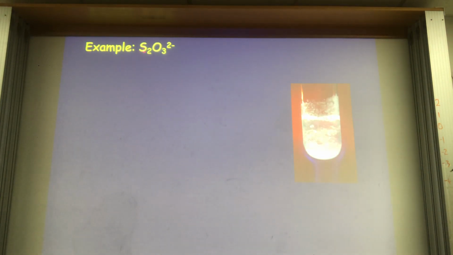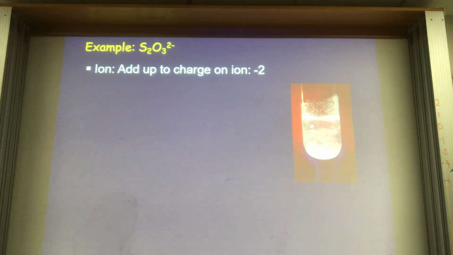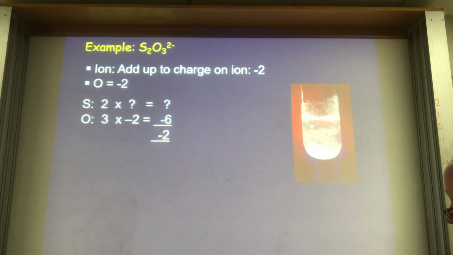Okay, this time, what have we got? We've got a compound with an overall charge on it. So we know that the oxidation numbers for this one will add up to the charge on the ion, -2. Each of the 3 oxygens is going to be -2. So we'll do the arithmetic to work out what the sulphurs are.